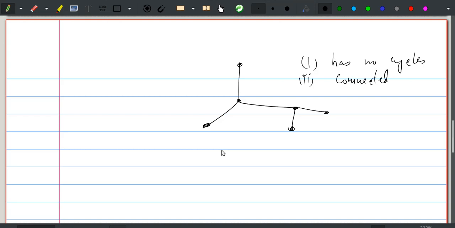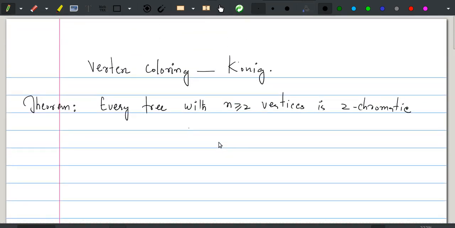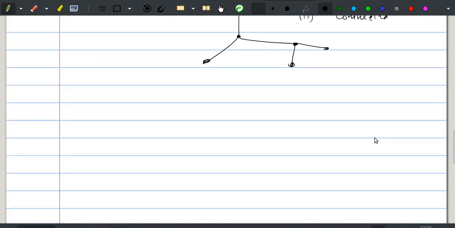So what we are going to prove here is that any tree having bigger or equal to 2 vertices is 2 chromatic. That means we just need 2 colors to color the vertices of a tree having bigger or equal to 2 vertices. But before proving this result, let us recall the definition of a path.